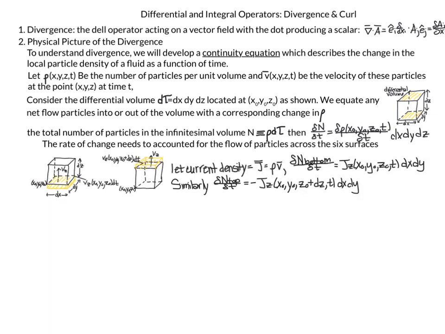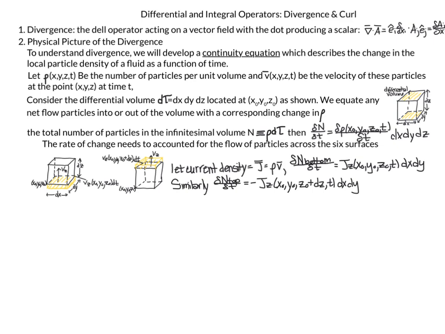To make more room, I've summarized some things here. We have our differential volume, we have our formula for number of particles, we have our cubes again, we let j equal rho v, and then we have the formula for the change in the number of particles on the bottom with respect to time, and then the change in number of particles at the top with respect to time.